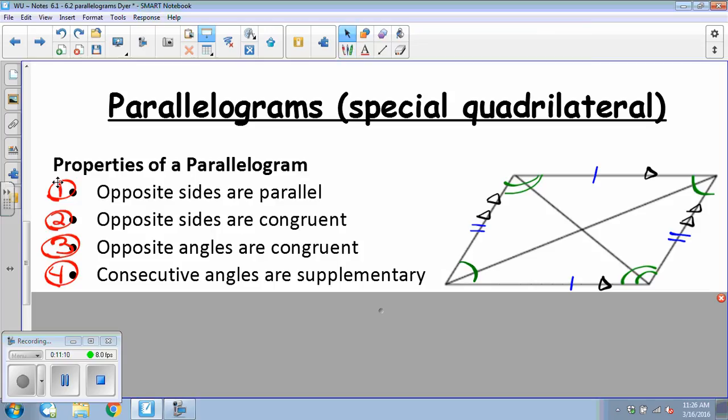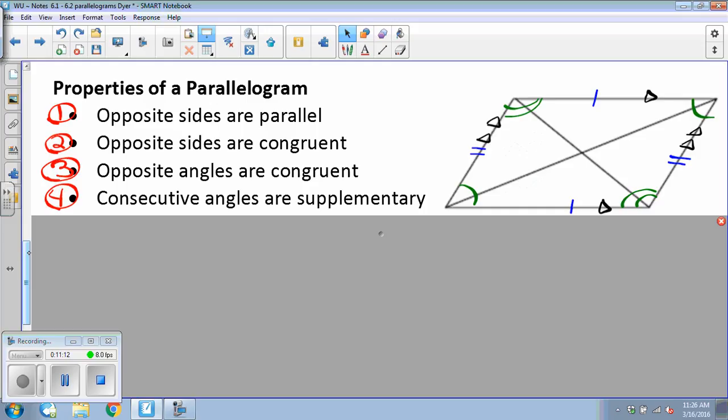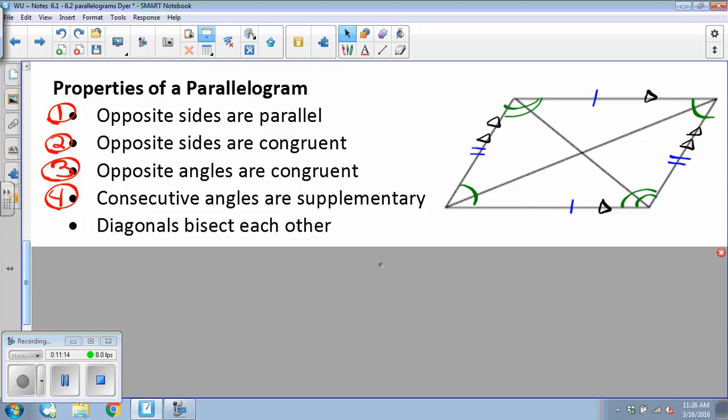The last property is the diagonals bisect each other. Okay, that is not something that you would just automatically be able to logically see. But the diagonals bisect each other, which means they connect at the midpoint of each diagonal. So this is congruent to this, and this is congruent to that.